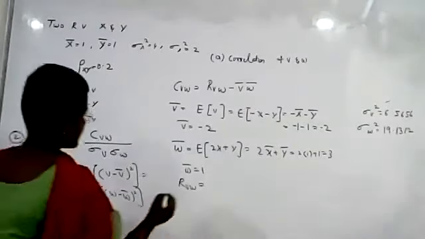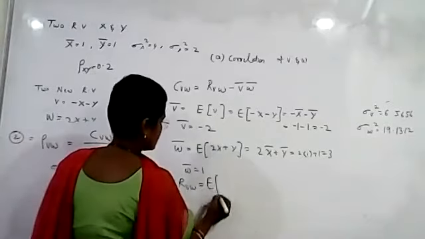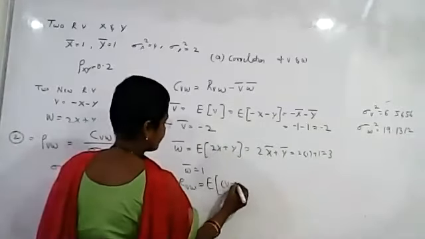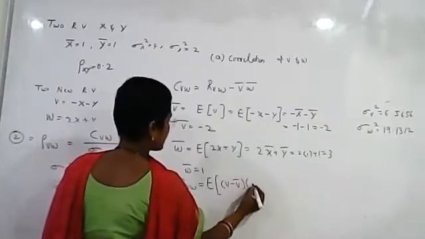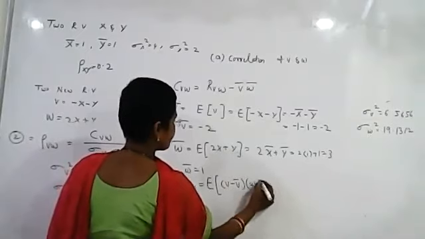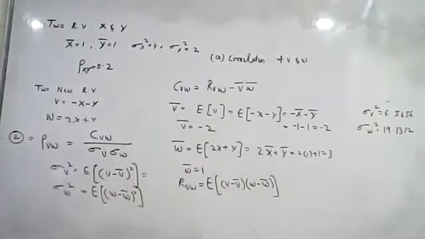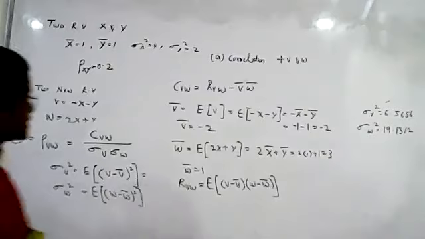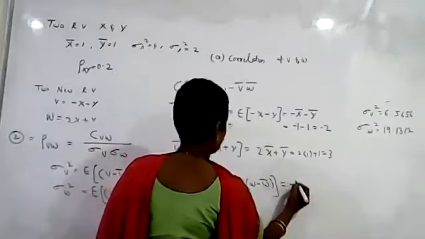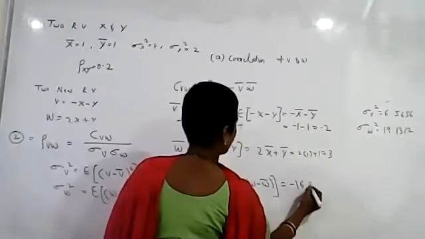Tell me what is RVW? What is RVW you got? In the previous step, we found minus 16.8484.